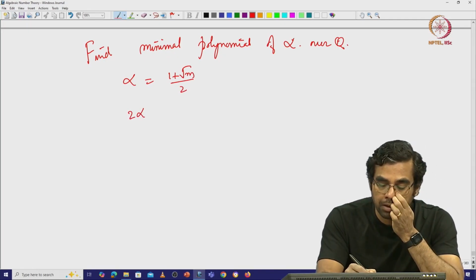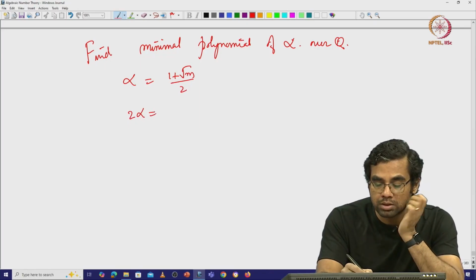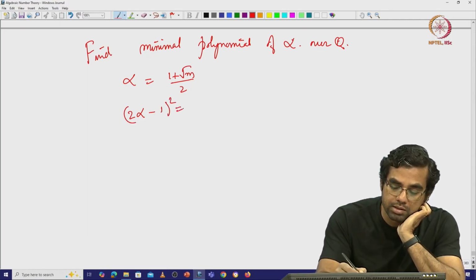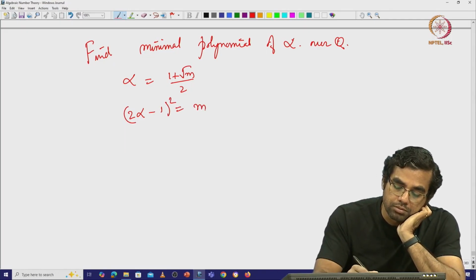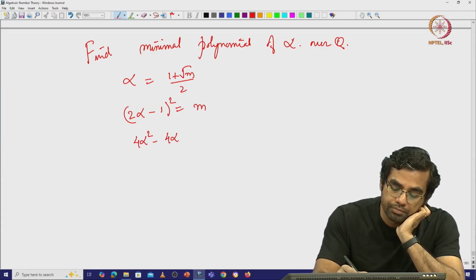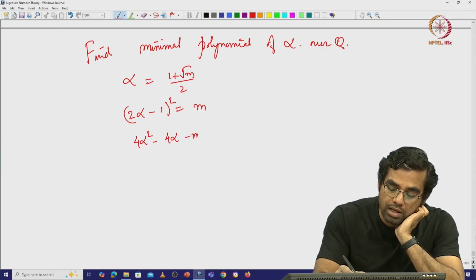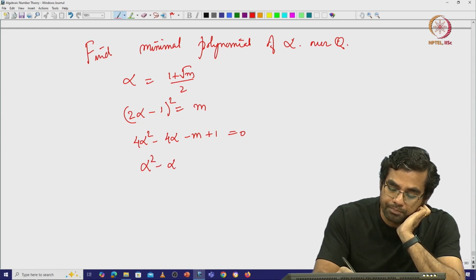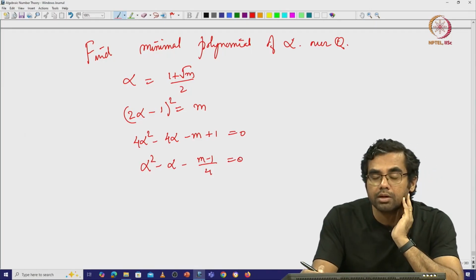So, 2 alpha minus 1 squared is m, and so you get 4 alpha squared minus 4 alpha minus m plus 1 equals 0, and so you get alpha squared minus alpha minus (m minus 1) by 4 equals 0.